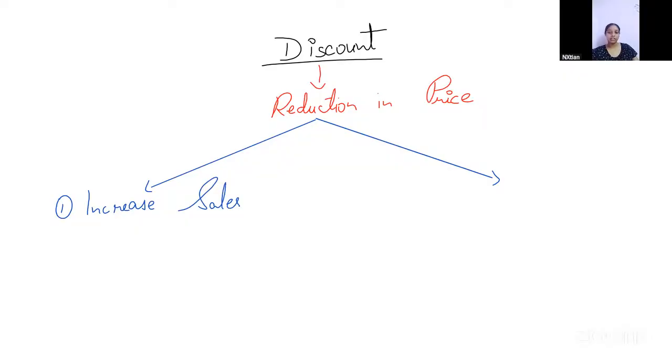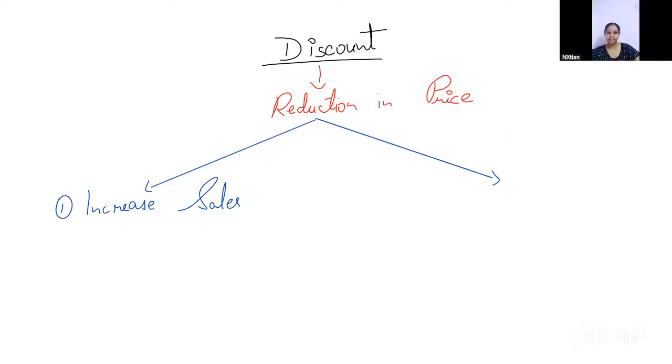Suppose some product is a little expensive. So they give a certain amount off. They say 20% off, so then people will buy it. This is a psychology of humans: when they think something is coming at a lower price, or has a discount, they will be attracted to buy that thing.